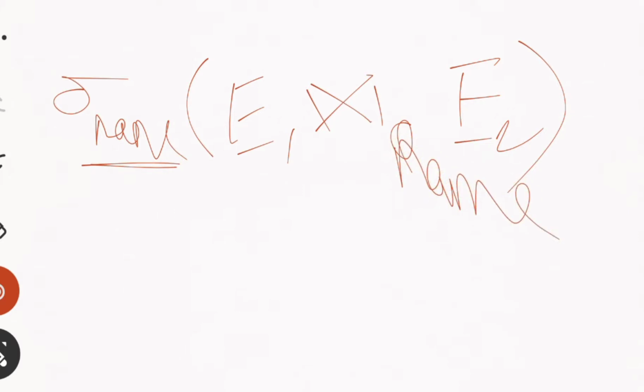Then and only then can I apply the selection operation for distribution. That is the meaning. Then it will be select theta 1 of E1, then theta join with E2.